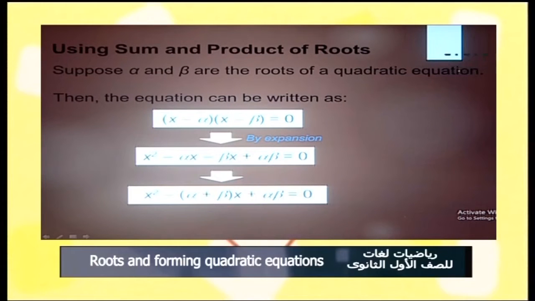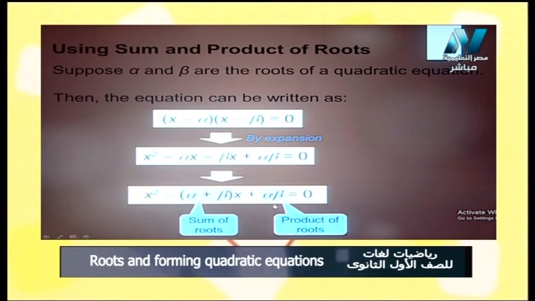So concentrate well. We have here alpha plus beta. What are alpha and beta? Alpha and beta are the two roots of this equation. It is the sum of the two roots, in fact, and alpha beta is the product of the two roots. So concentrate with me. There is a sum and this is a product. Product means times, okay?